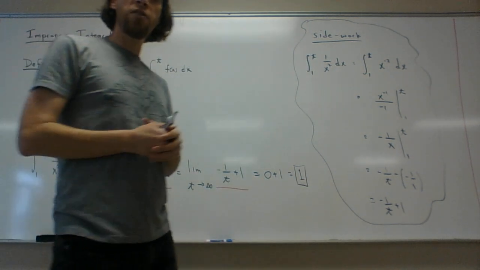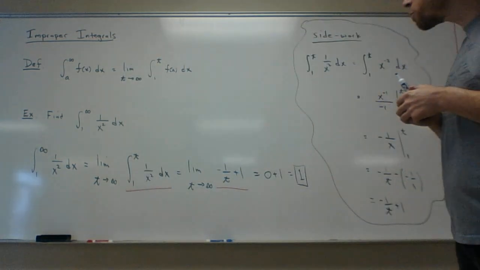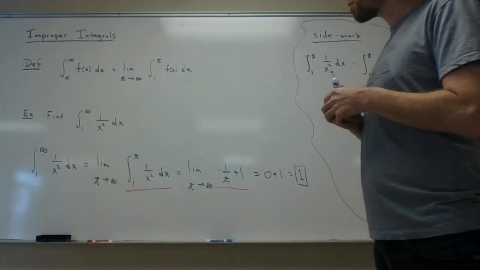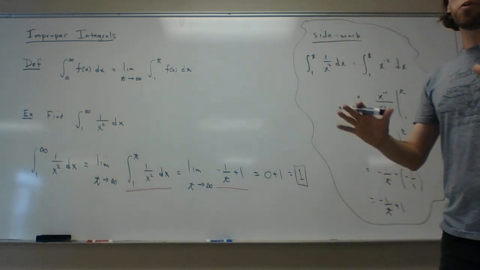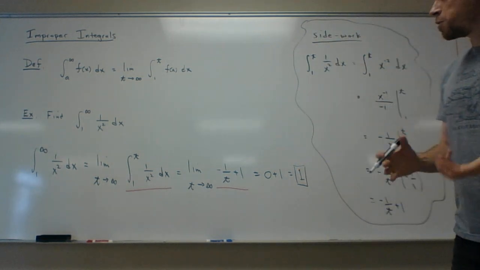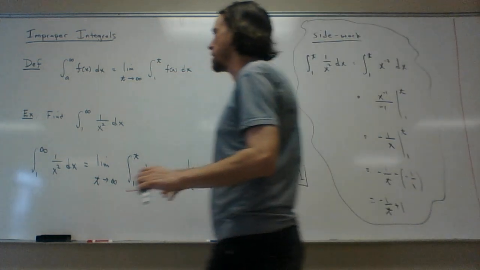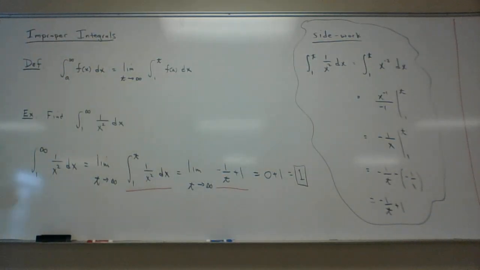All right, so that's our example that I wanted to go through here. And this is a super fascinating result because let's think about what this means. So I'm going to erase all this and draw a picture.